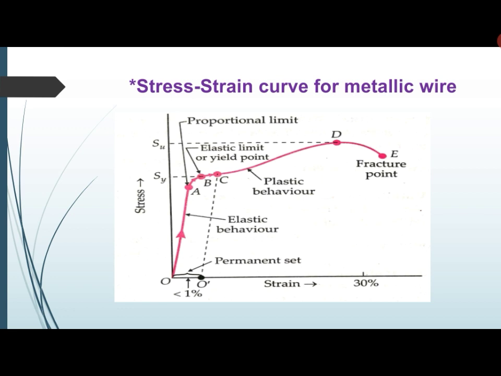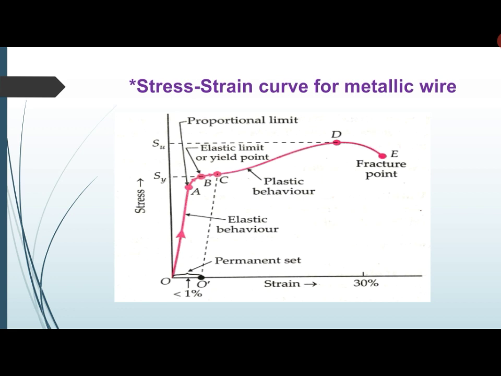And this non-reversing strain is known as the elastic hysteresis, and we are going to discuss this elastic hysteresis in our later topics. Now if we further increase the load beyond C, it produces a large amount of strain, or increase in the length of wire.